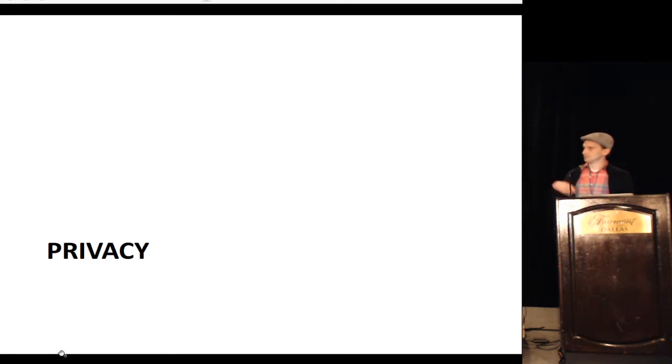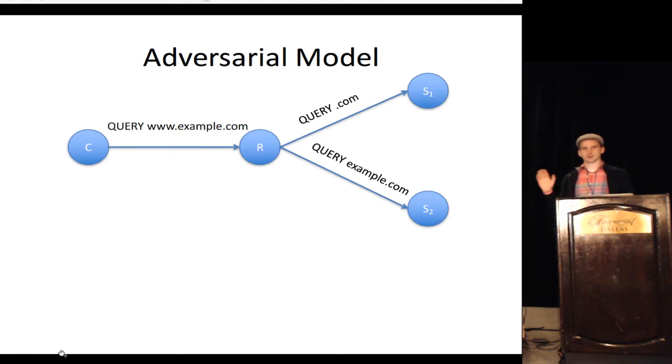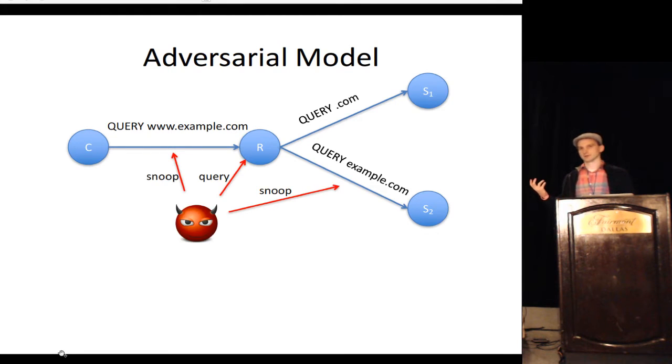So privacy. Without actually describing any of the details first, I want to first lay out the adversarial model. We have a simple DNS system where you have a client issuing a query to a recursive resolver, which will then talk to various stubs to resolve this to a particular address. Our adversary here is one that can snoop on the communication between client and resolver, or resolver and stubs, and can also query the resolver much like any other client can.